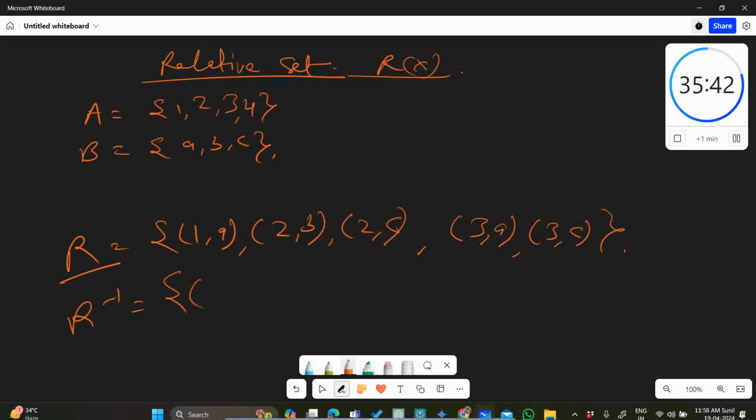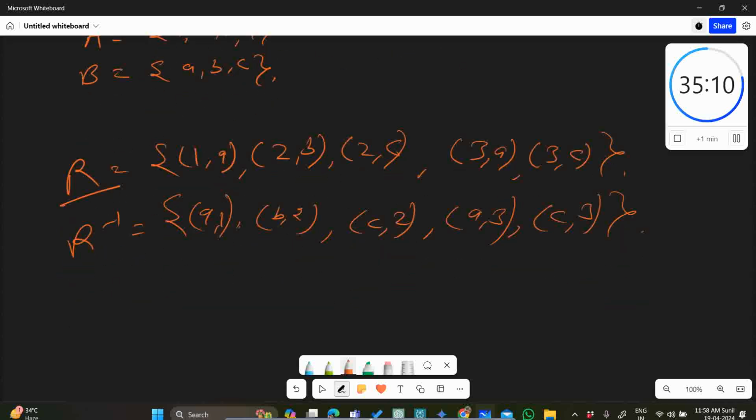R inverse is like, what we say in English, swap the input and output. Swap is a very good word. So (a, 1), (b, 2), (c, 2), (a, 3), and (c, 3), like that.